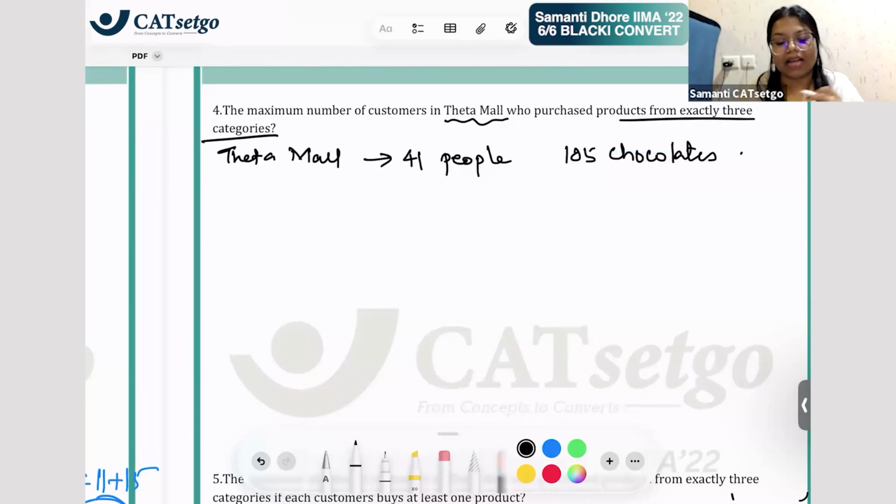Now you have to maximize the number of customers who had 3 products. Ideally I would want all 41 people to have 3 products, that's the maximum possible. But that's not possible because 41 3s is 123 and we do not have 123 products, we have only 105.